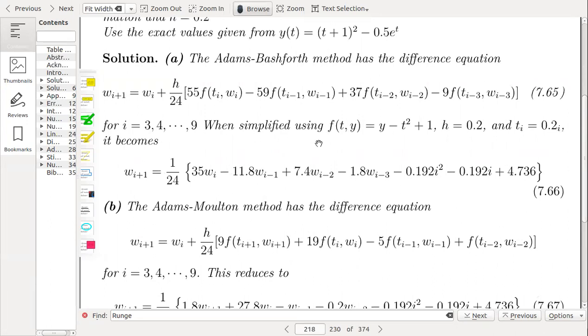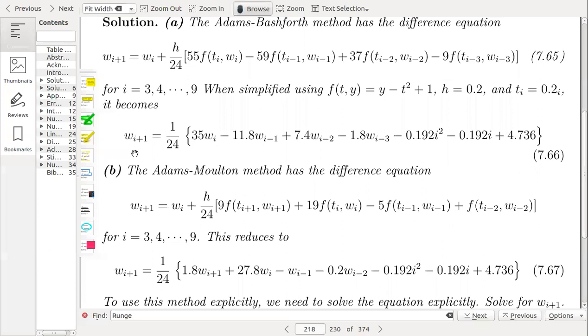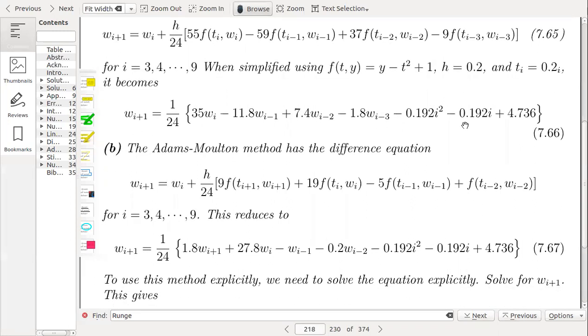When simplified using f(t, y) is equal to y minus t square plus 1, h is equal to 0.2, and ti is equal to 0.2i, it becomes Wi plus 1 is equal to 1 over 24, 35 Wi minus 11.8 Wi minus 1 plus 7.4 Wi minus 2 minus 1.8 Wi minus 3, so on.